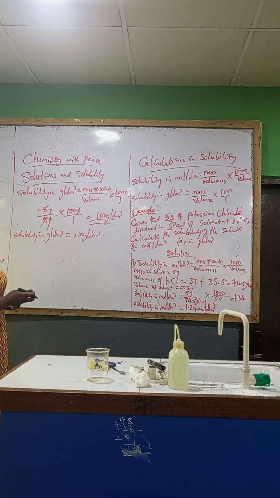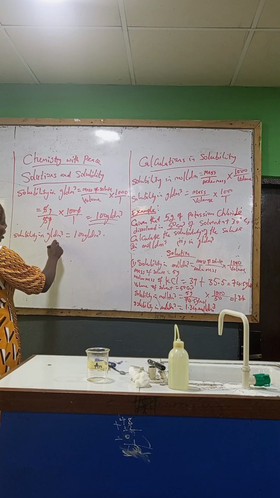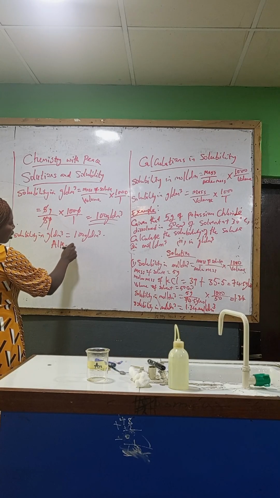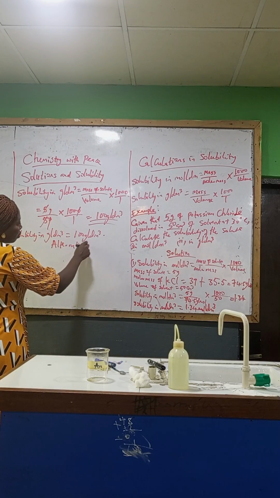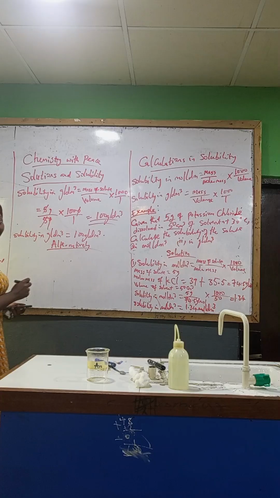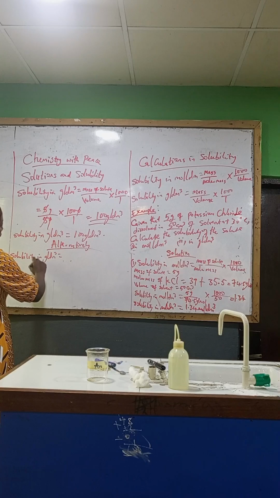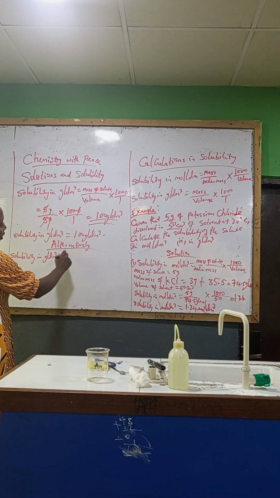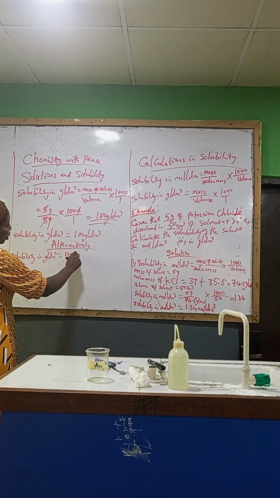And then you can also solve with another formula. Alternatively, you have the formula: solubility in gram per dm cube is equal to mass concentration.